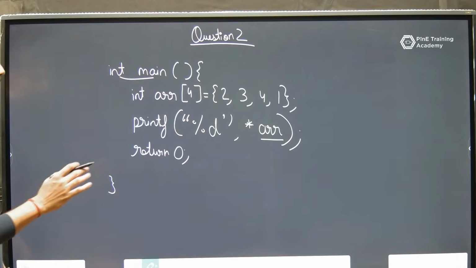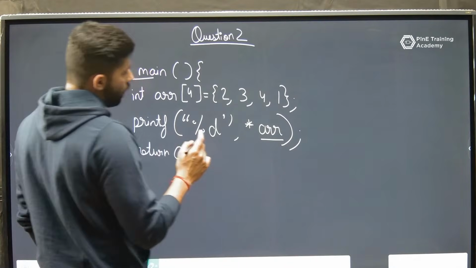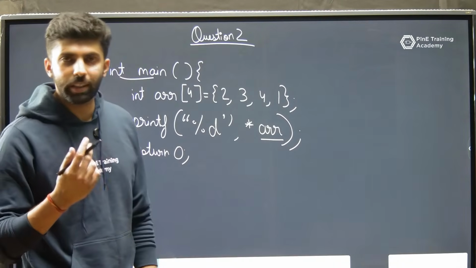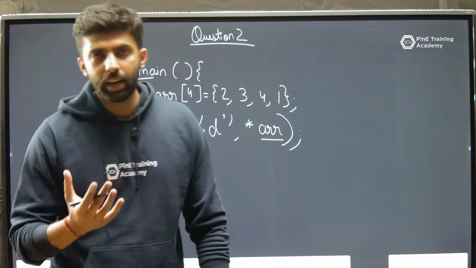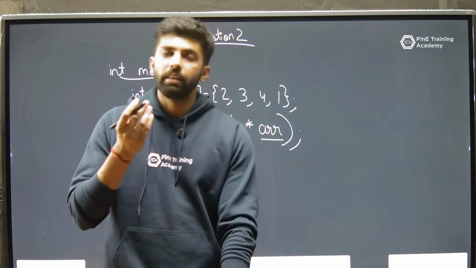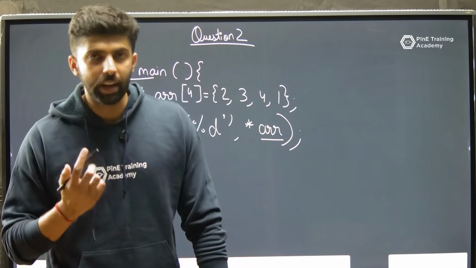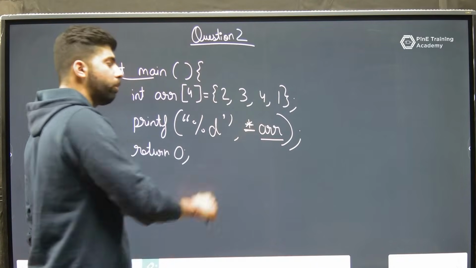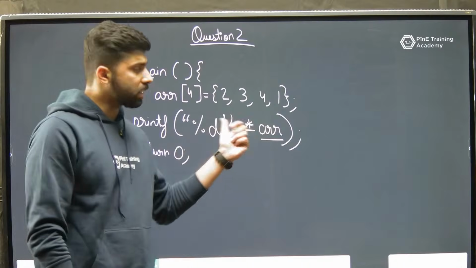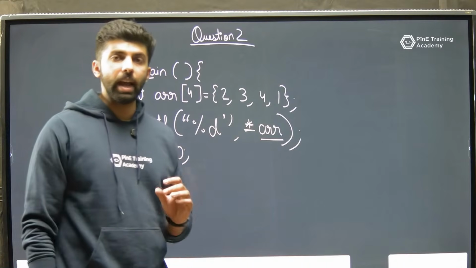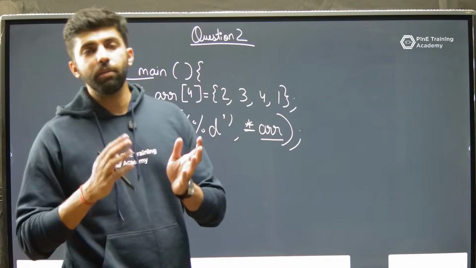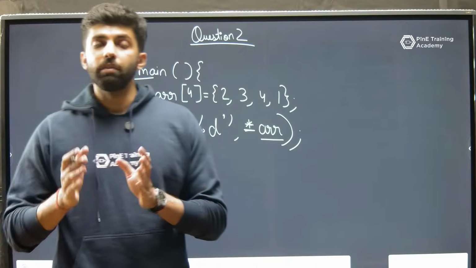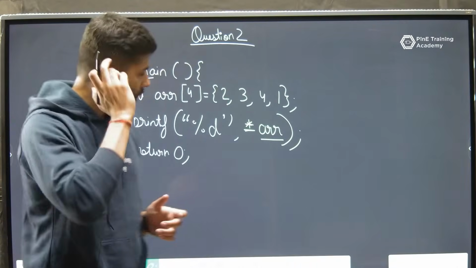Okay, so this is very simple. As we discussed, an array stores the address of its 0th index, and since the array stores an address, we can say that it is a kind of pointer, right? And we know that when we use the star operator along with a pointer, it acts as a dereference operator. And what do we mean by dereference? By dereference, we mean that we go from address to value.